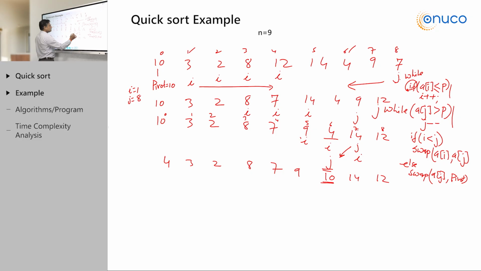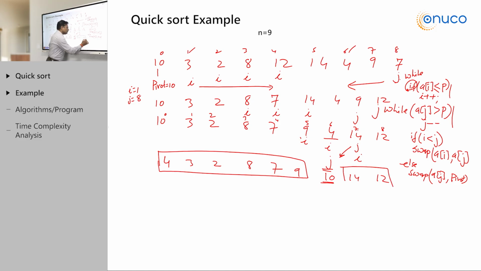Position is 6. Before this, all the elements are lesser than 10. So this array is divided based on the pivot element. The right side of the pivot element is greater than 10. It means 10 is already at its sorted position. So we are not going to consider it again for the iterations. We just leave that position as it is.